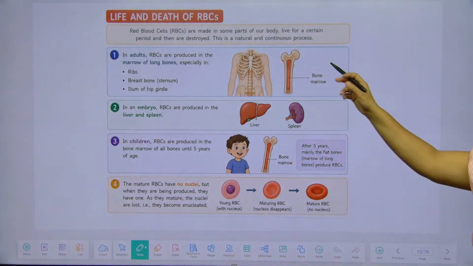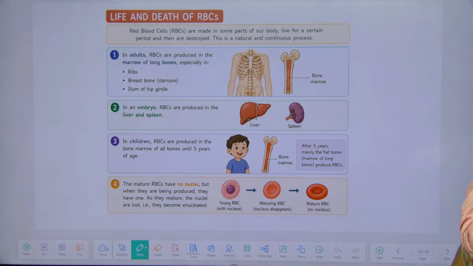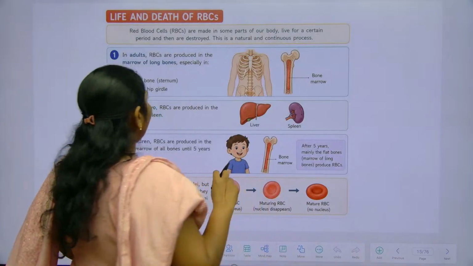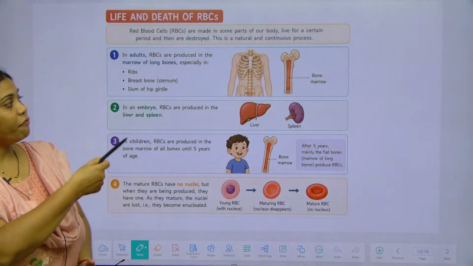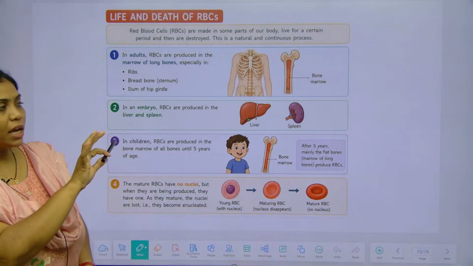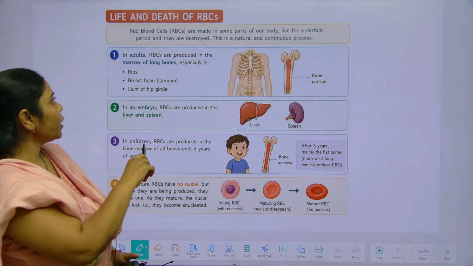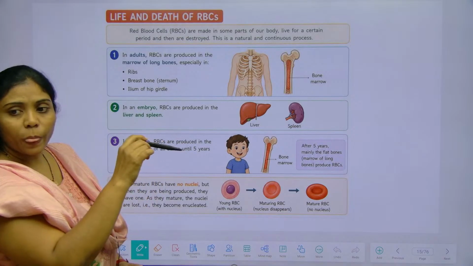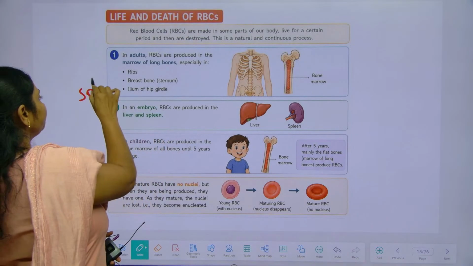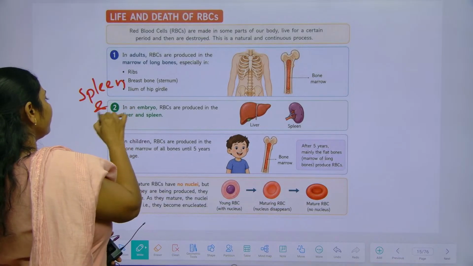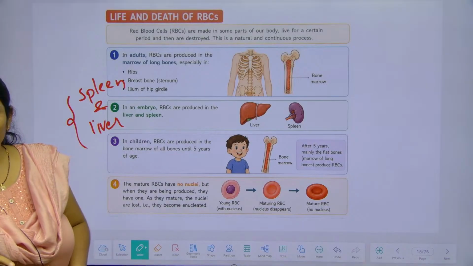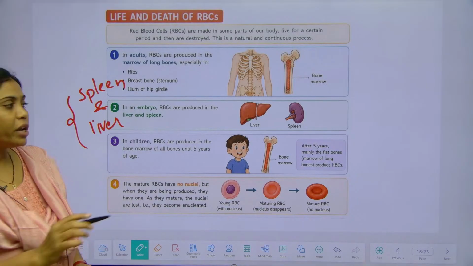Right. Life and death of RBCs. Red blood cells, where are they produced? Mainly in the bone marrow, and also in the spleen. But coming to spleen and liver, in these two parts RBCs are also produced, but where? In the embryonic stage only.